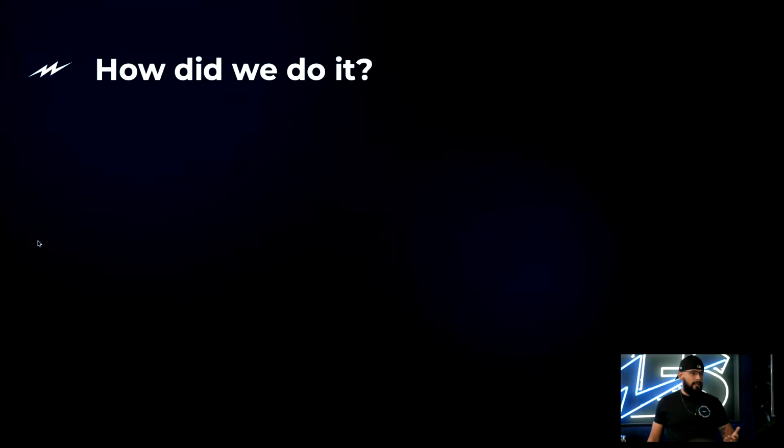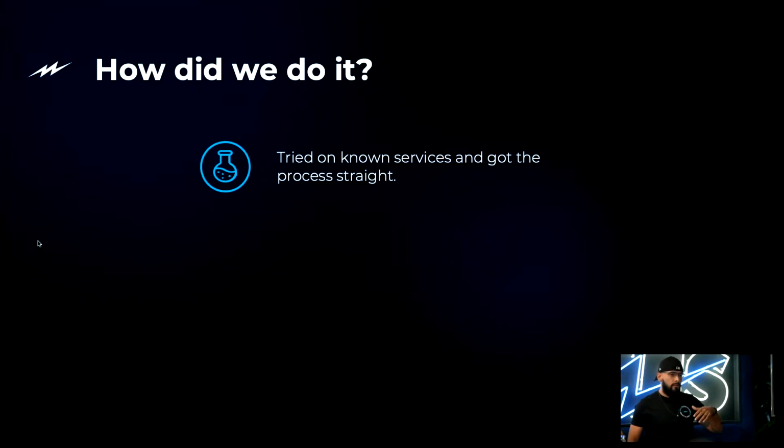And how did we do that? First, we took the service that we knew the most, that we knew more about the business rules, and also a service that had the most coverage and integration tests. We tried on those first because we could easily spot the errors that could be happening. During this process, we documented everything that we found.